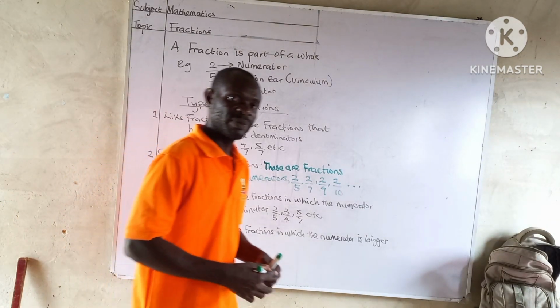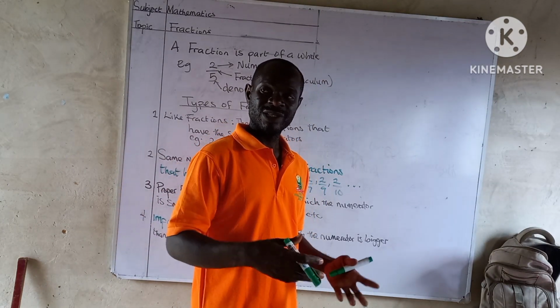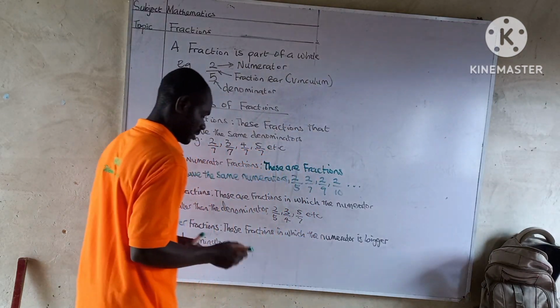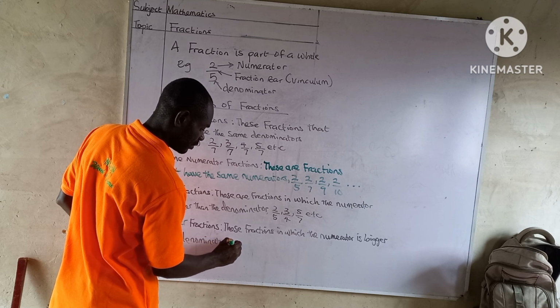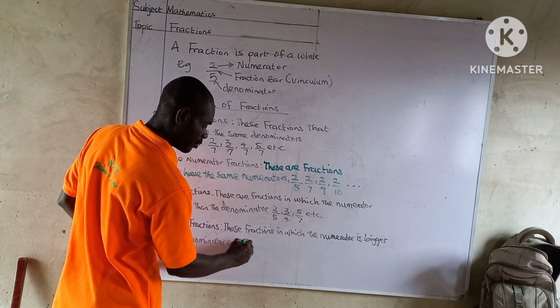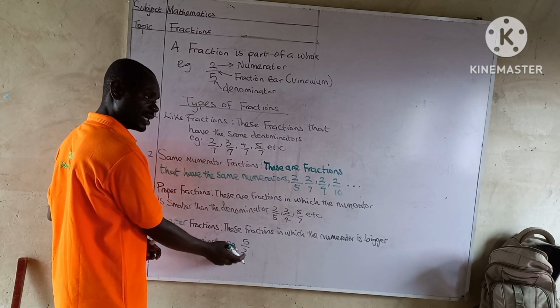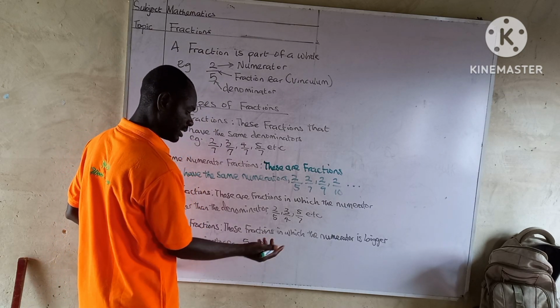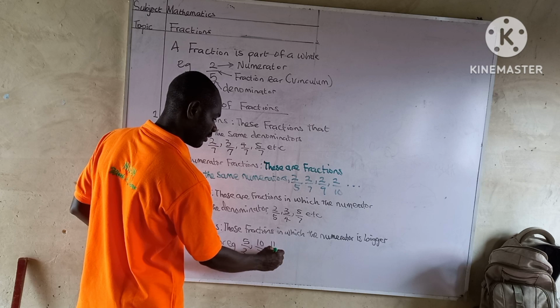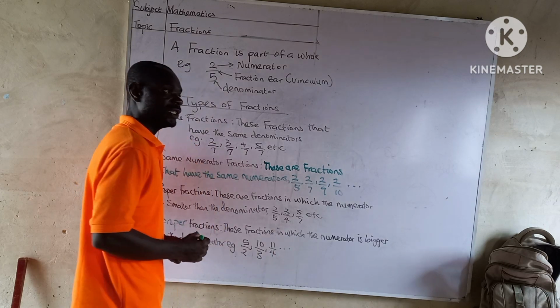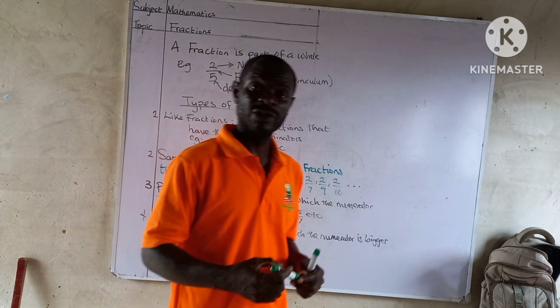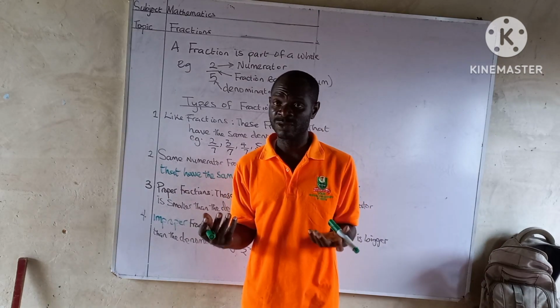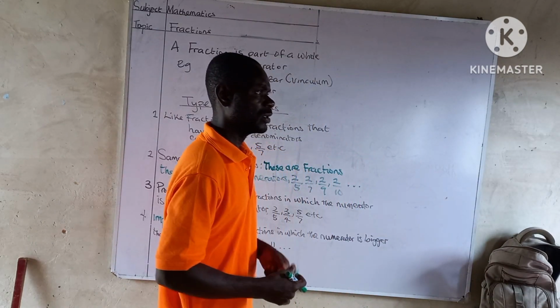They are the reverse of proper fractions. Their numerators are bigger than their denominators. For example, we have 5 over 2. You can see that the numerator is bigger than the denominator. And we have 10 over 3, numerator bigger than the denominator. 11 over 4, numerator bigger than the denominator. All fractions in which the numerator is bigger than the denominator are known as what? Improper fractions.